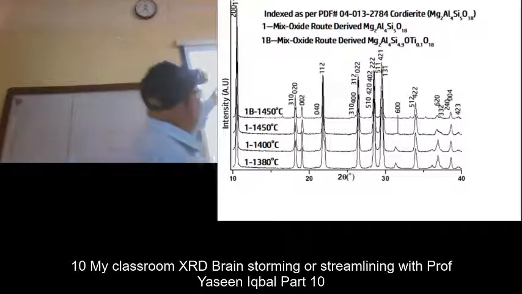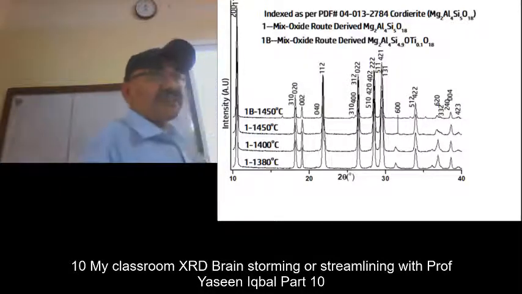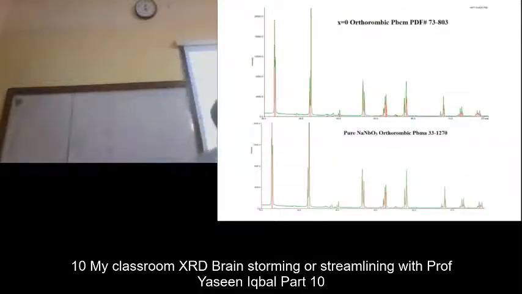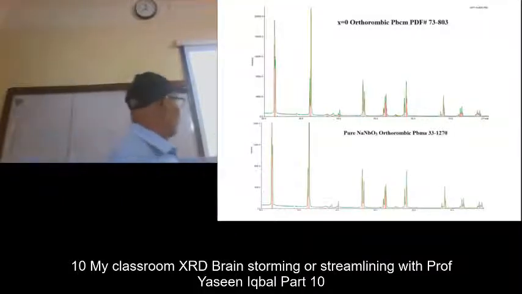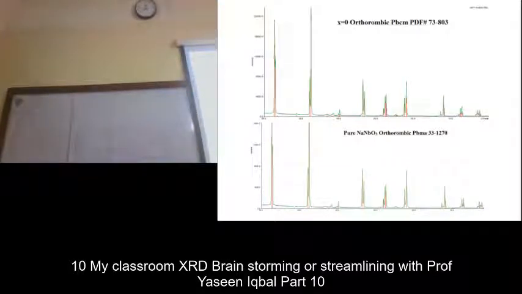They are the same orthorhombic structure. It is pure sodium niobate, and that is also pure sodium niobate at x equal to 0, right? But there are slight variations in intensity, the peaks are almost the same. There is some little bit of difference between the two.